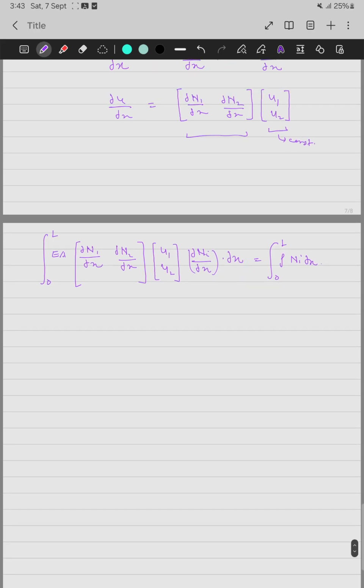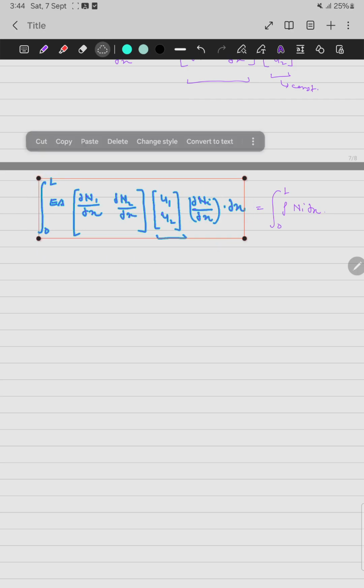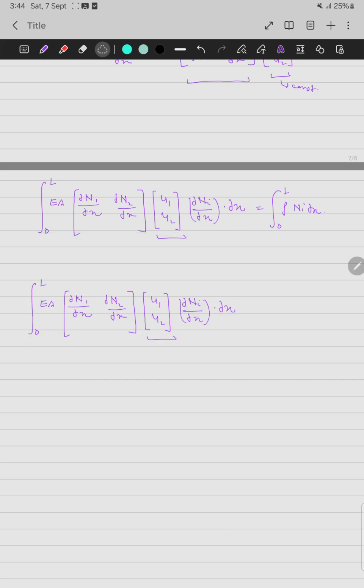Now as I told, these u1 u2 are constant, so we can remove these two out of the integration. So what we'll get here, I will paste it here, remove this and write del Ni by del x dx. I hope everyone is getting why I am removing these two things out of this integration, because they are constant.